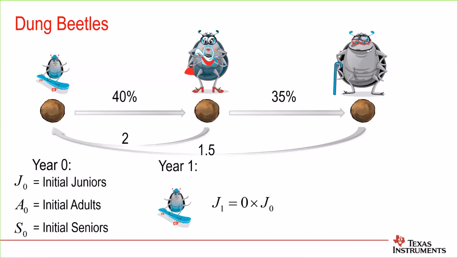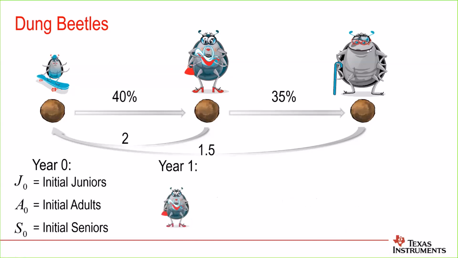Well, it doesn't matter how many juniors we have at the start, they're not going to contribute to next year's juniors because they all progress to adults. But we would need to look to the adult population, and for every adult, we'd get 2 new juniors. And for every senior, we get 1.5 new juniors. So that's how we'd work out J1, in other words, the number of juniors in year one.